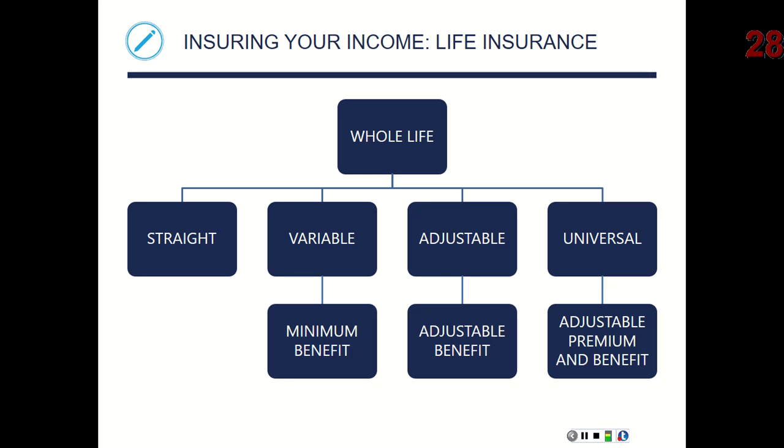An adjustable life policy, you can change what that benefit is as your needs change, as I suppose your family grows, or as you take on different things that may need to be covered in the future. And then also a universal policy, you can do different changes to it as you go.